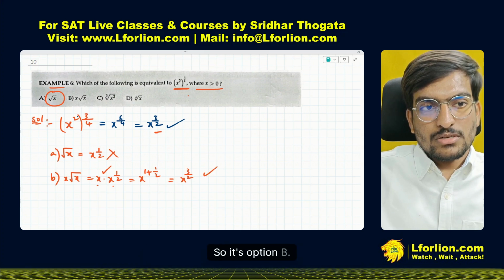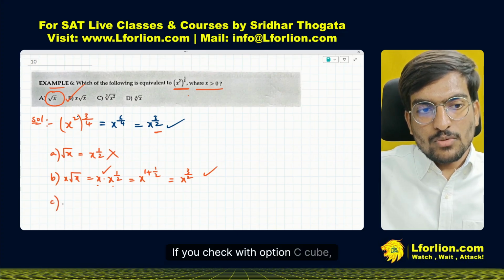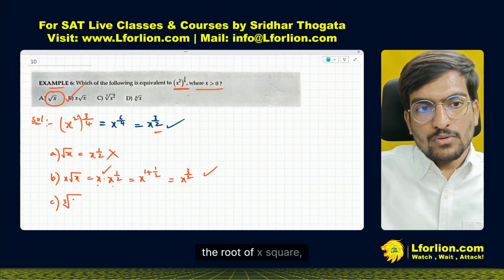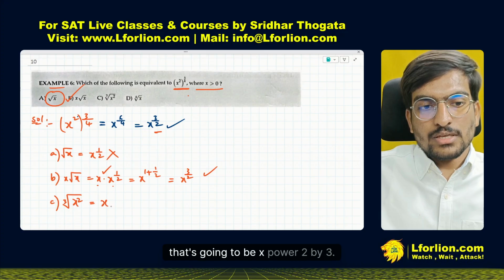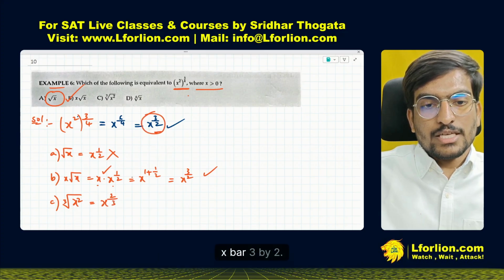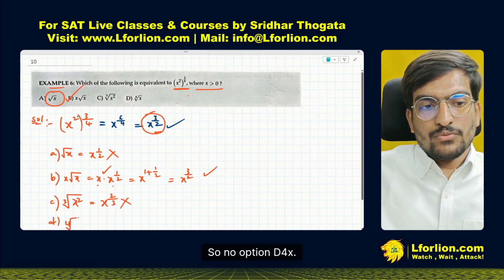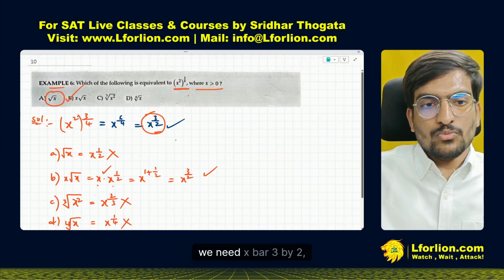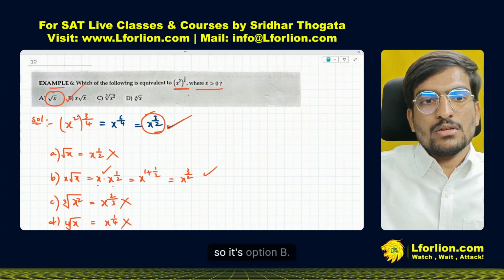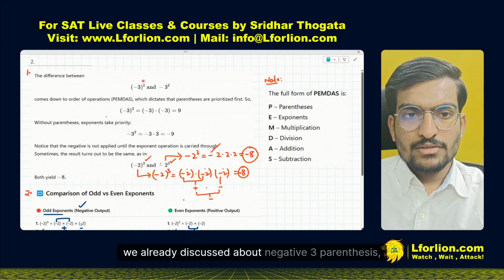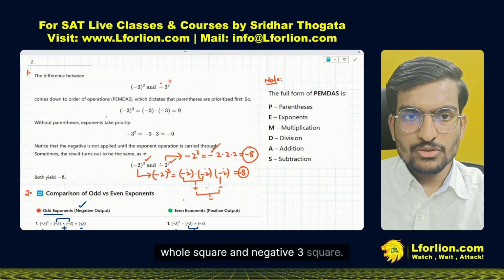So it's option B. If you check with option C, cube root of x square, that's going to be x power 2 by 3. That's not matching with x power 3 by 2. So no. Option D, fourth root of x, it's simply x power 1 by 4. No, we need x power 3 by 2. So it's option B.